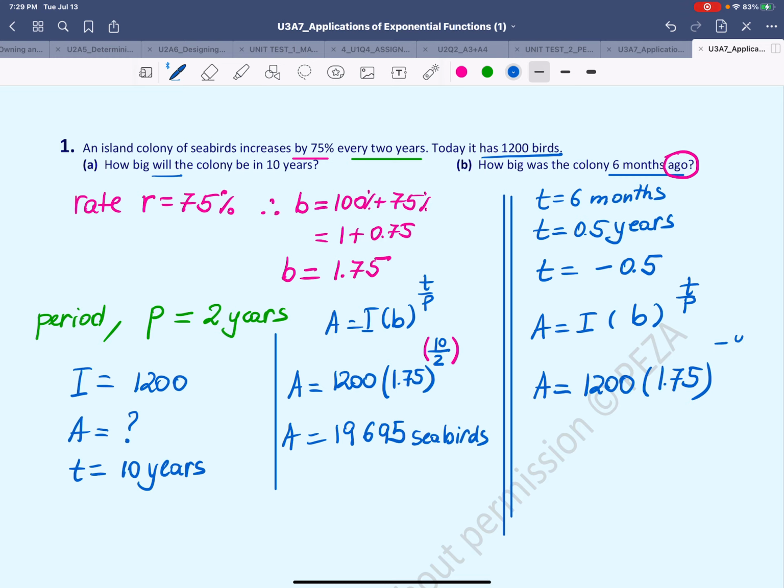The time t is negative 0.5 divided by 2. Use the calculator again, and we'll have 1200 multiplied by 1.75 to the power of negative 0.5 divided by 2 is 1043, and we expect to find a smaller number here.